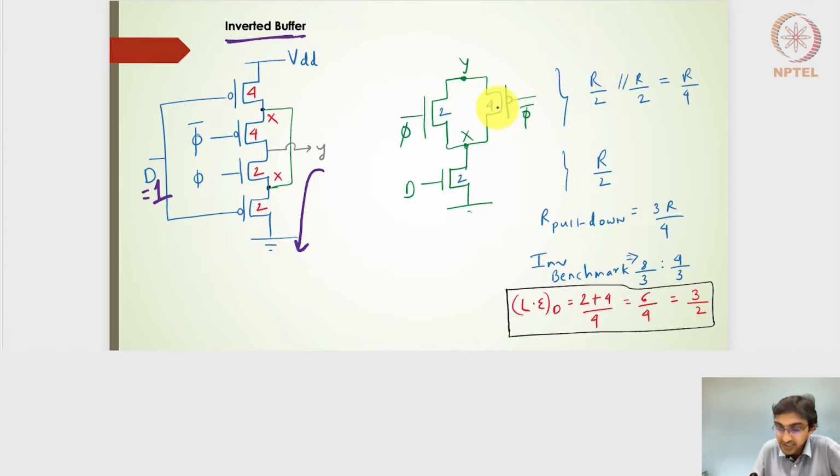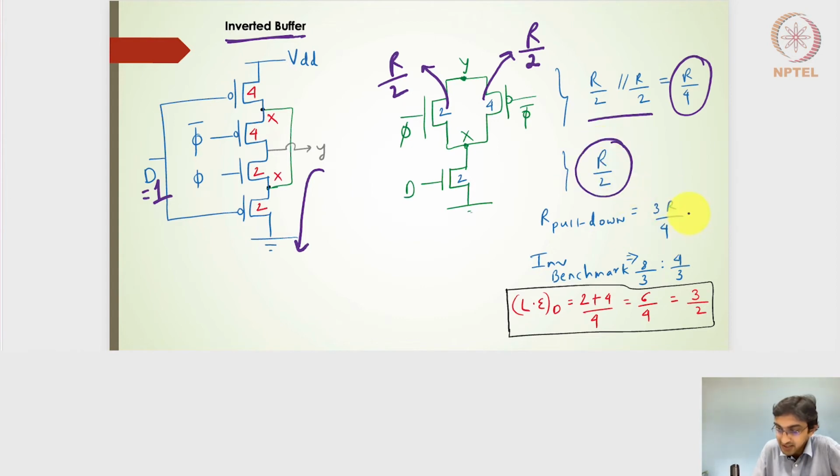It turns out to be this resistance on the NMOS side with a size of 2, in parallel with the PMOS transistor of size 4, in series with the D transistor on the NMOS side with a size of 2, connected to the ground. A size of 2 gives a resistance of R by 2. A size of 4 on the PMOS side also gives R by 2. So R by 2 in parallel with R by 2 gives R by 4, in series with R by 2, so I get 3R by 4.